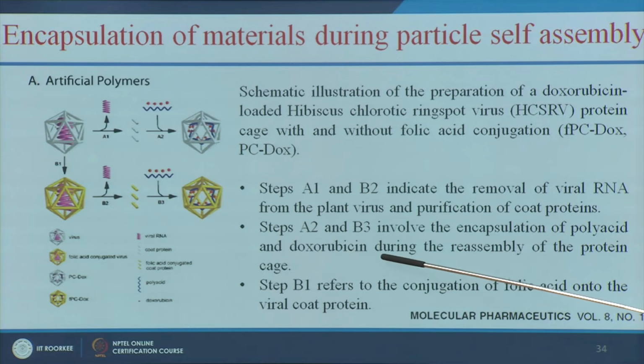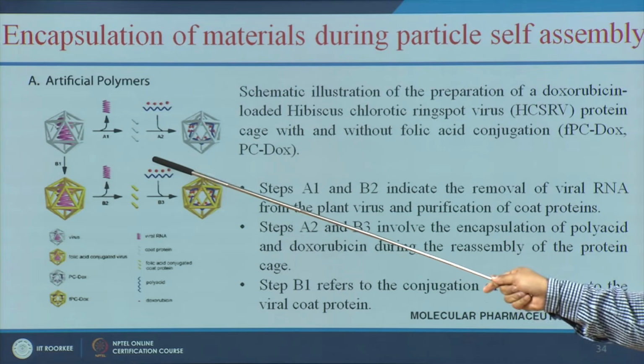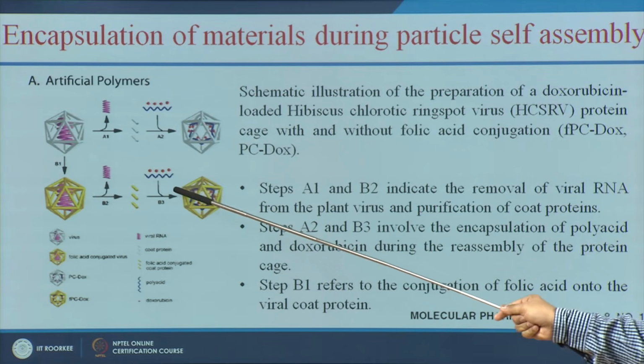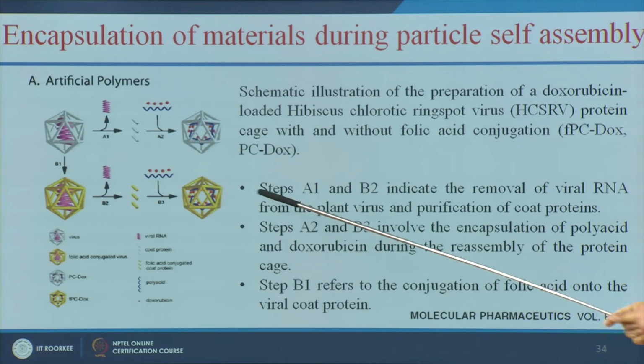The doxorubicin is an anti-cancer drug and polyacid is a negatively charged polymer, which will resemble the nucleic acid of the particular virus. So during the self assembly, it will take this artificial polymer which has the anti-cancer drug, and pack this polymer into the viral capsid.